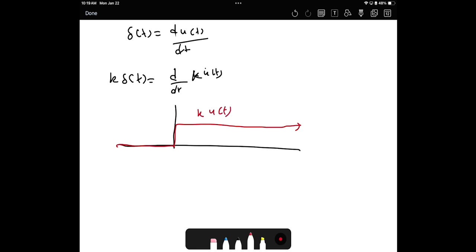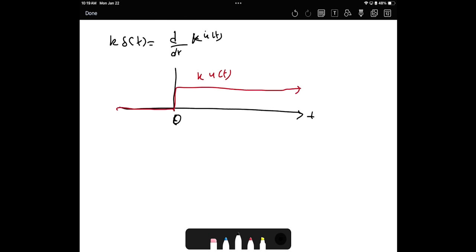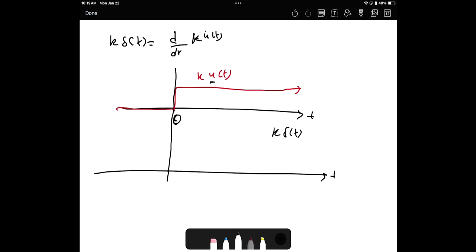Now I need to apply the derivative here at t. The derivative of u of t will be delta, and the constant stays. Since it's centered at 0, here is 0, it will be like this. This is k delta. That's how I find the derivative.